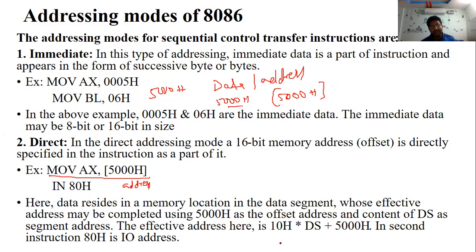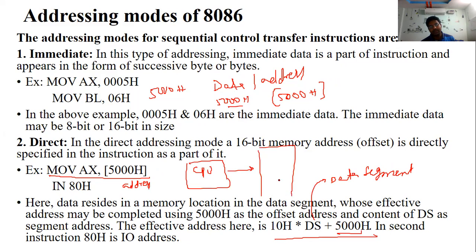Then what is the effective address value? What is the DS, the data segment value? So in this data segment, the microprocessor points to the 5000 address location. This is the CPU, and this is the memory. So these are the data segments.